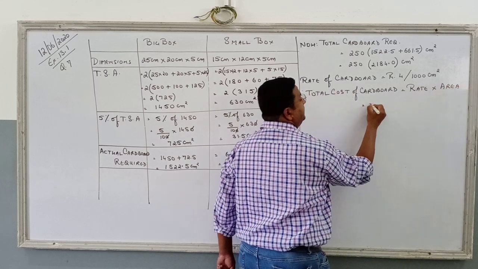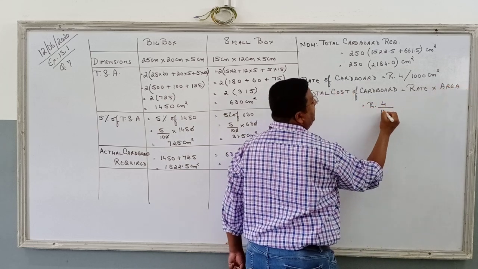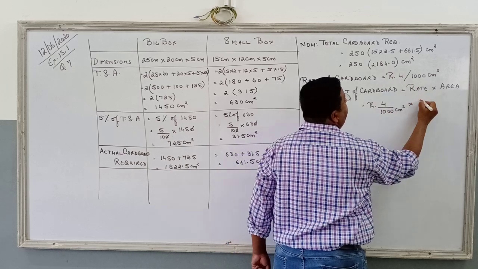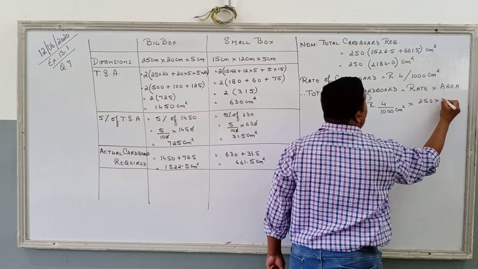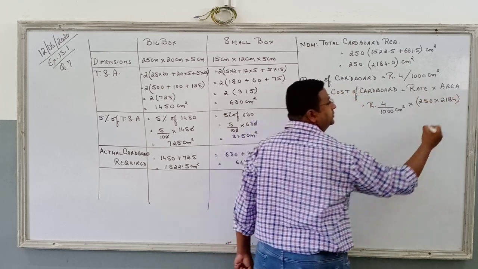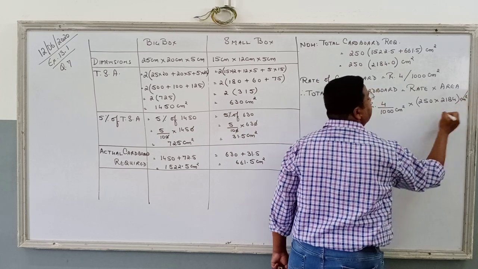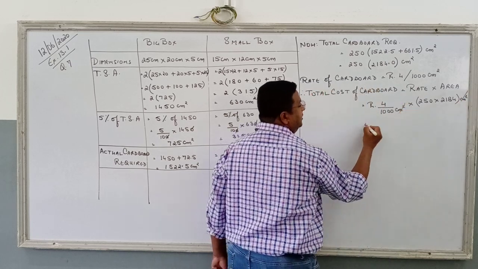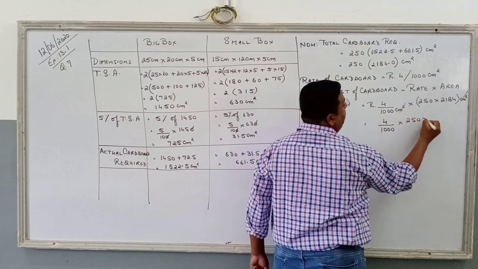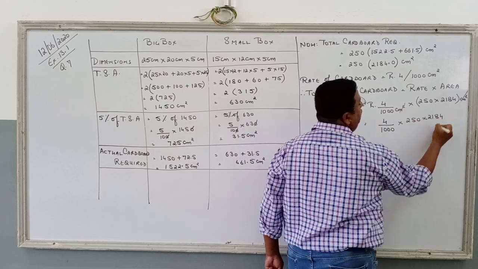So rate is rupees 4 per 1000 centimeter square multiplied by area, which is 250 multiplied by 2184. Centimeter square cancel. So 4 upon 1000 into 250 into 2184.